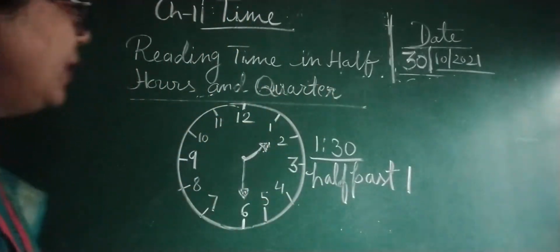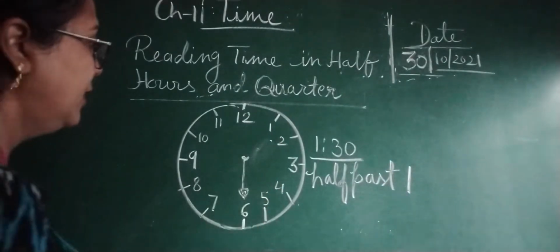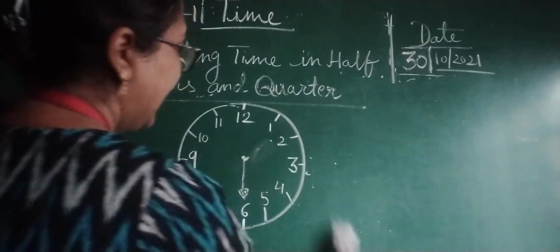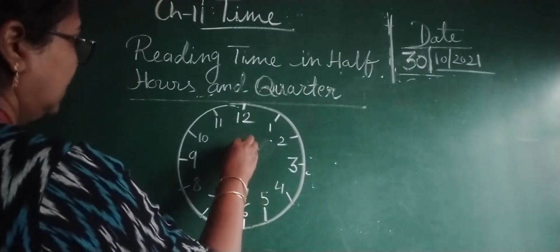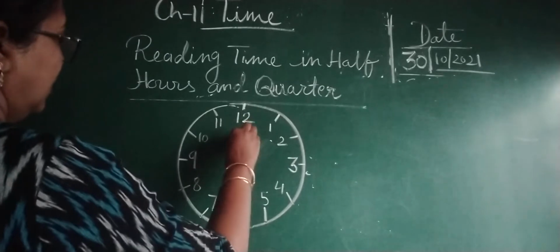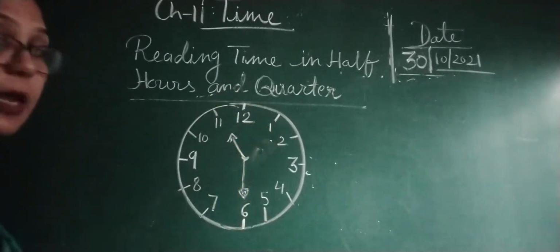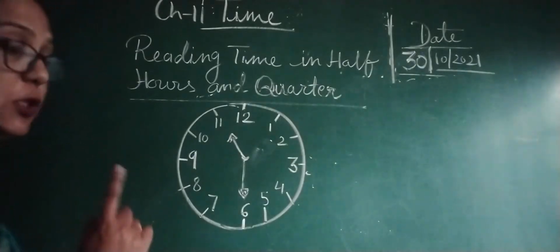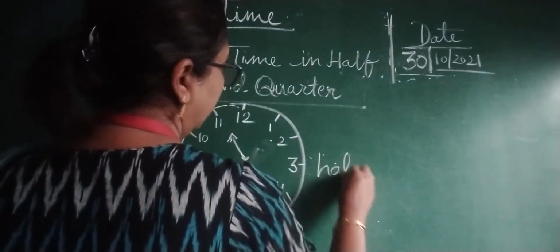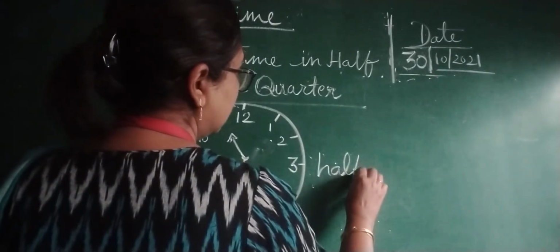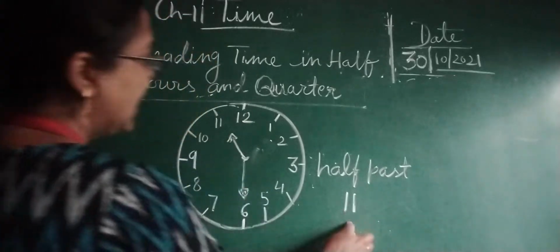And if you do it like this, suppose this hand, the hour hand, is in between 11 and 12, then it is 11:30.